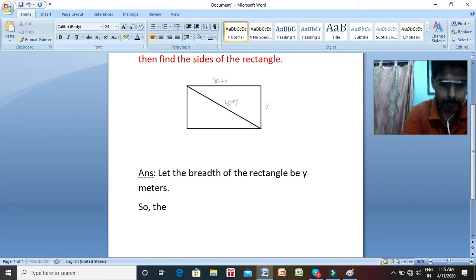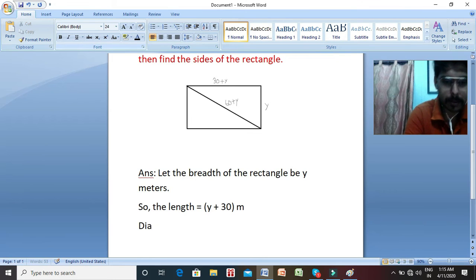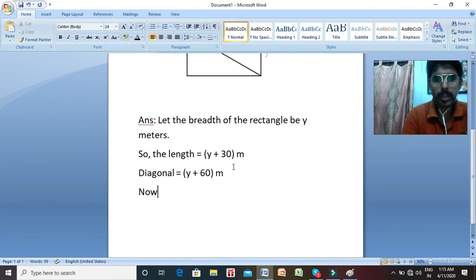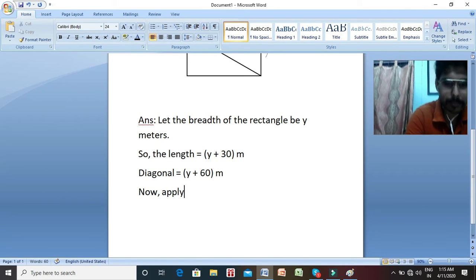So the length will be equal to y plus 30 meters, and the diagonal will be equal to y plus 60 meters. Now what to do? Now we need to apply the Pythagoras theorem. Now applying Pythagoras theorem.